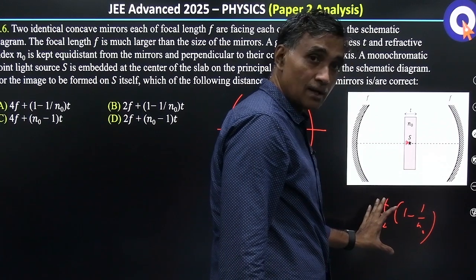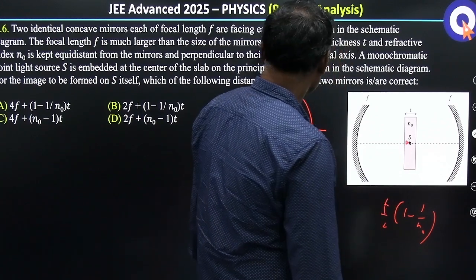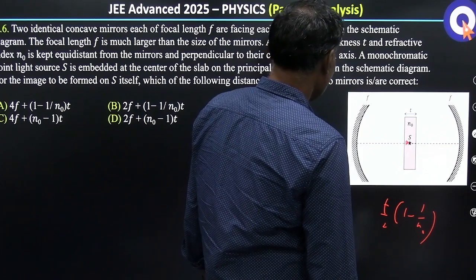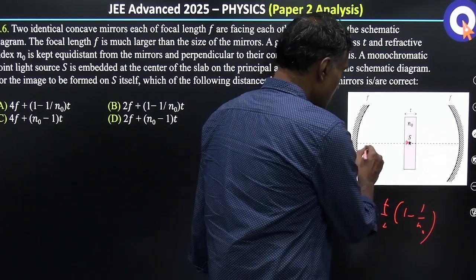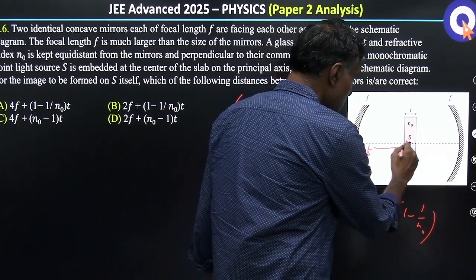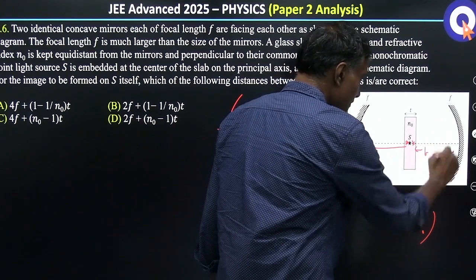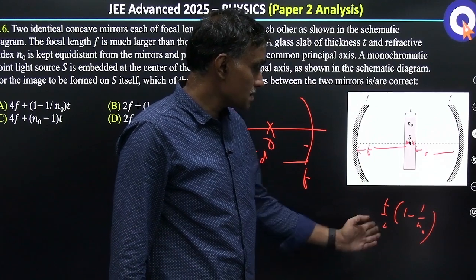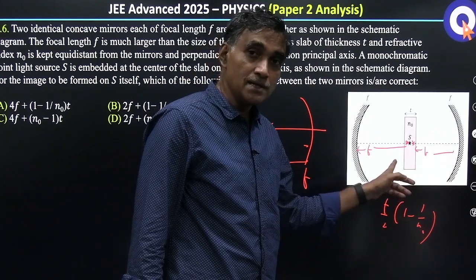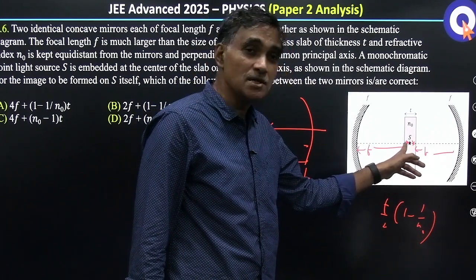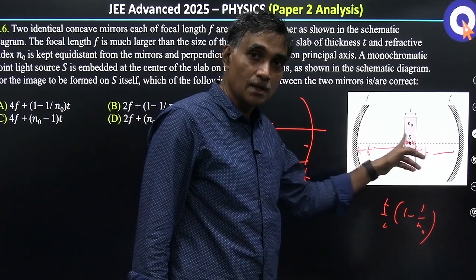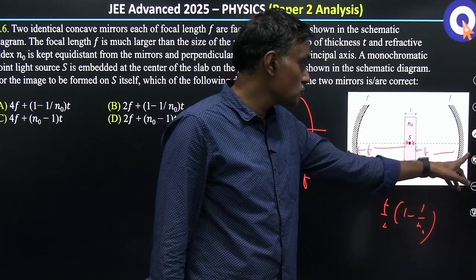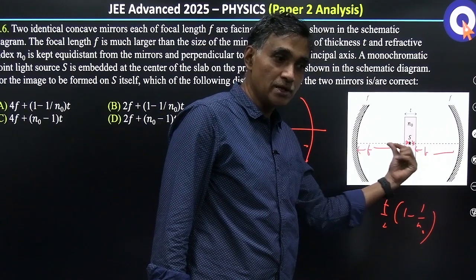Now if this is at center of curvature, then which of the following distances between the two mirrors is correct, okay. If this is focus, okay, so this is f, this is f, okay, then distance between two mirrors is 2f plus double this, okay. And if this image is at center of curvature of this mirror, or this image is at center of curvature of that mirror, then this distance is 2f, this is 2f plus twice shift, okay.